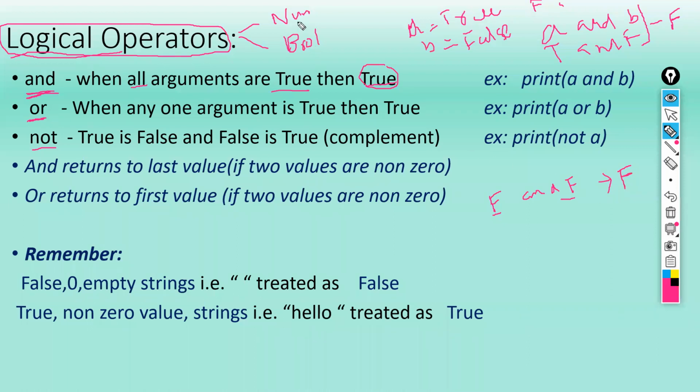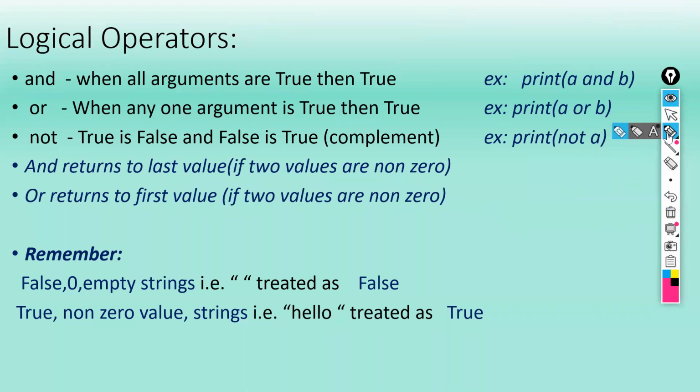And coming to numbers, I have taken only Boolean values. Let's take some numbers. For example, 0 and 5.